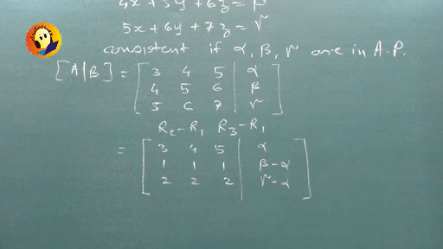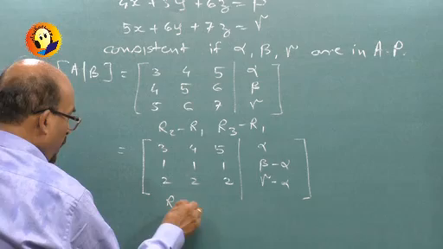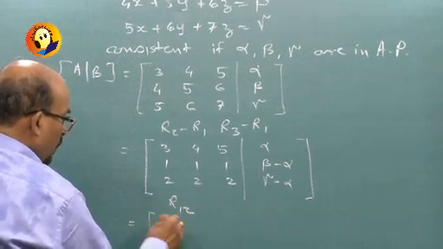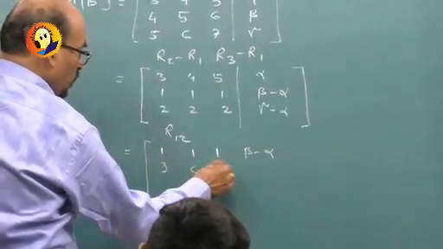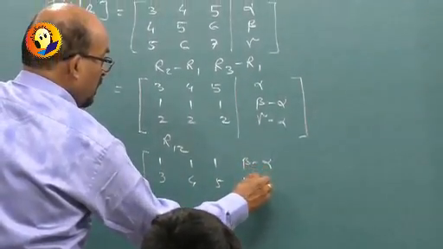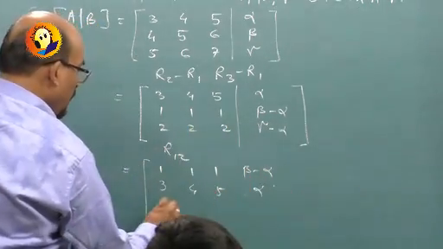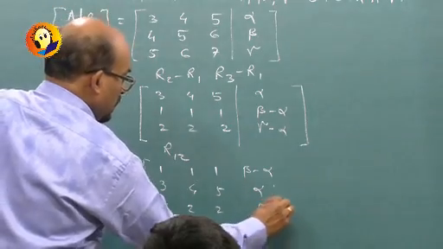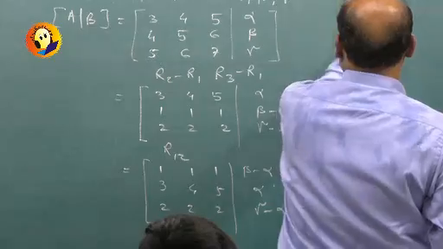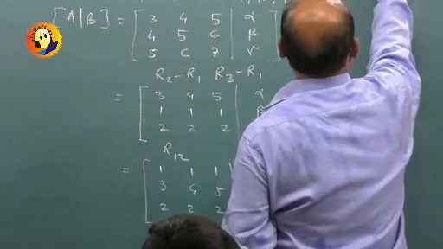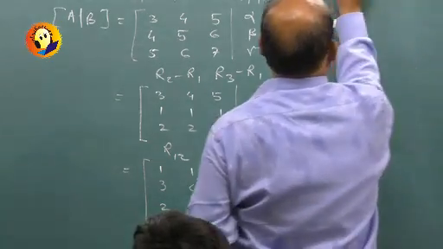Next, should I interchange R1 and R2? So it will become 1, 1, 1, beta minus alpha; 3, 4, 5, alpha; and 2, 2, 2, gamma minus alpha. Then it will be, obviously, R2 minus 3 times R1 and R3 minus 2 times R1.